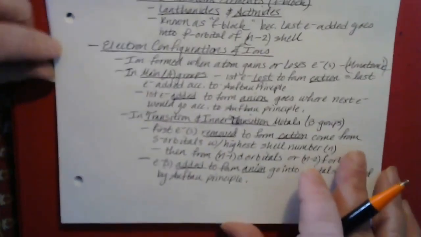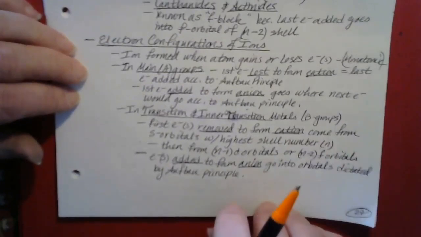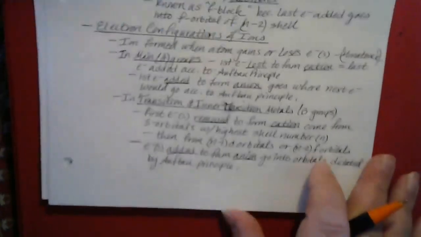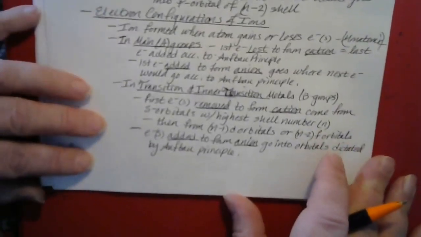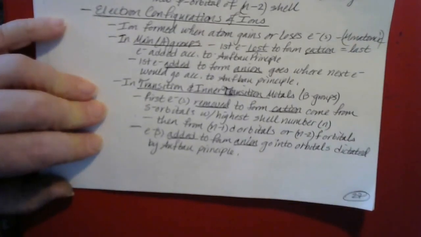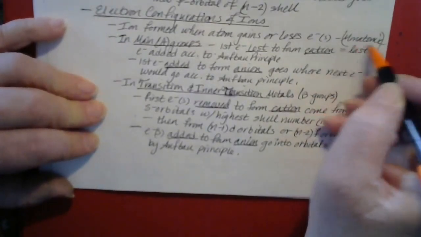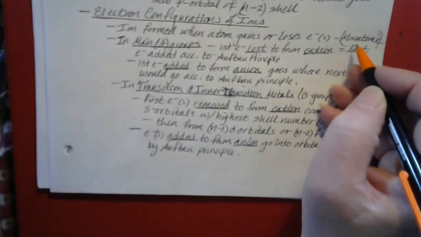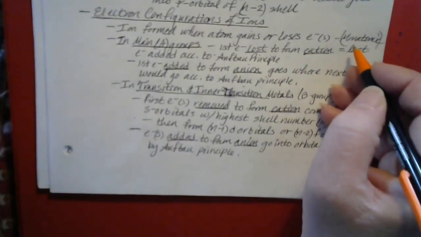Now, electron configuration of ions. We know that we have electron configurations of atoms, but what about ions? Remember, ions are formed when an atom gains or loses electrons. And that would be a monatomic ion. Of course, there are also polyatomic ions where a molecule basically gains or loses electrons.